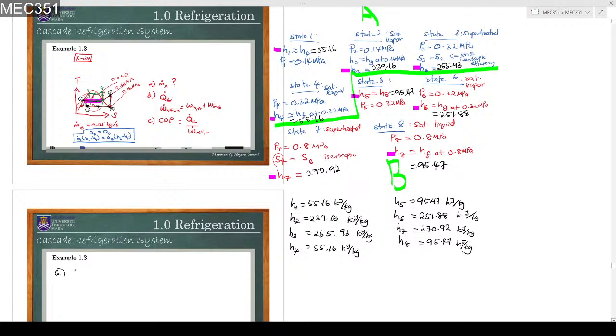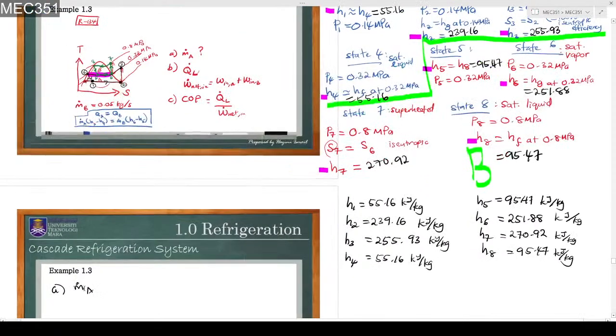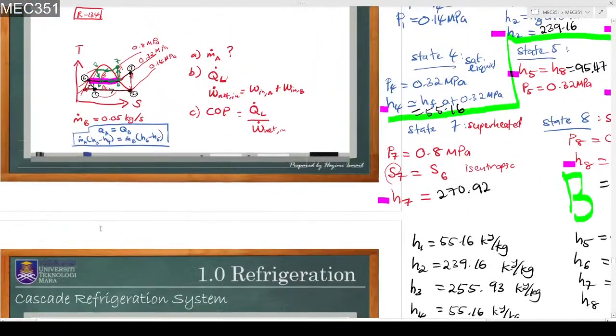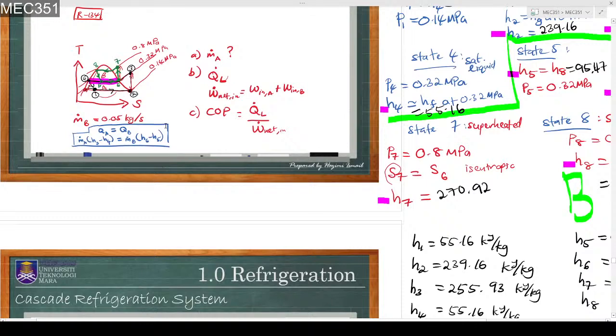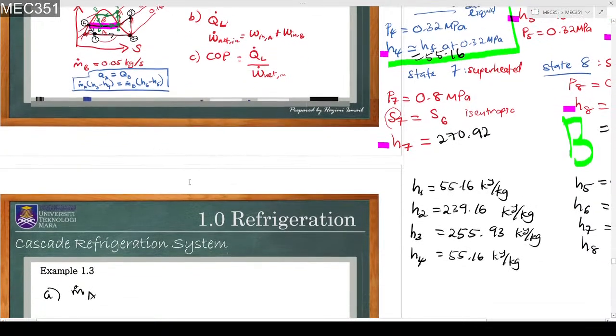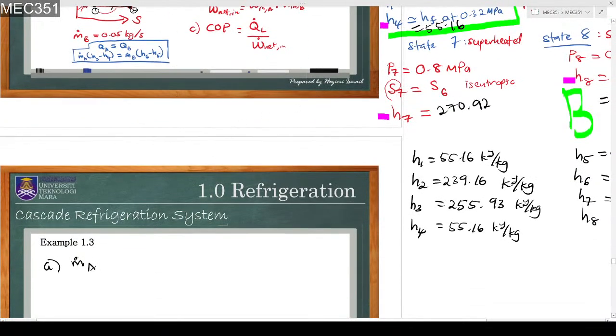Dekat contoh A, dia nak M dot A. Tadi M dot A mana nak cari, dia dah bagi M dot B. So, cara nak cari M dot A hanya melalui cara ni je. Yang ada connection dengan M dot B hanya melalui rumus ni. Okay, so kita pakai rumus ni.